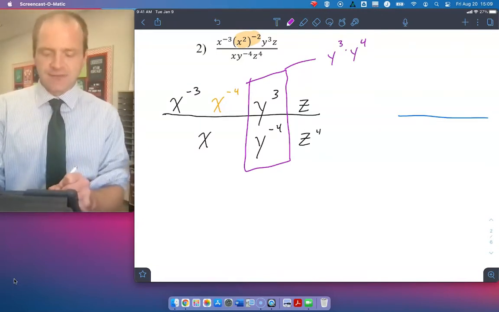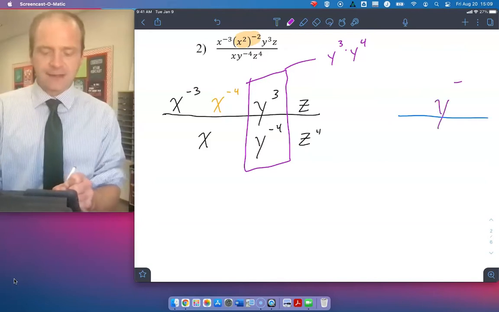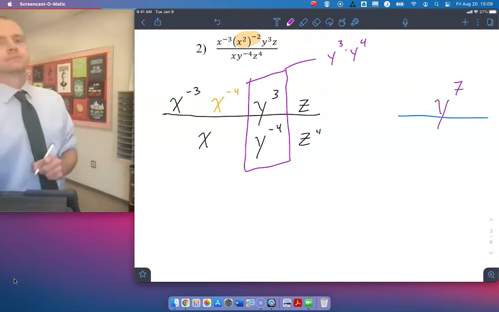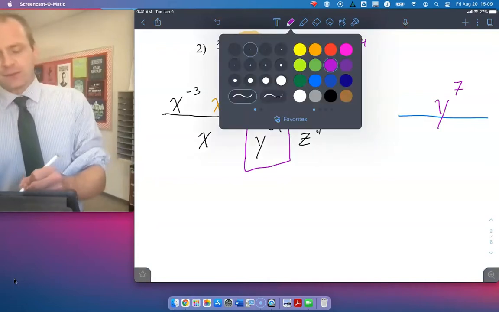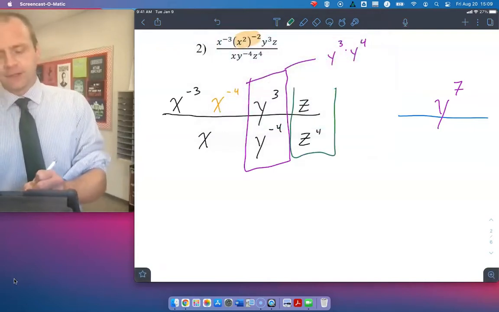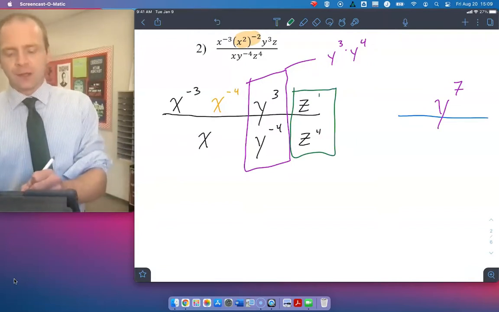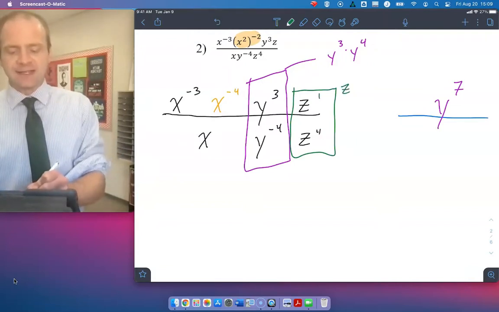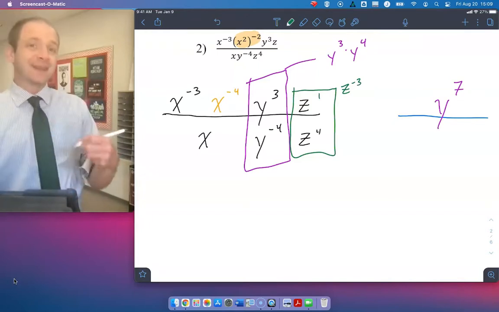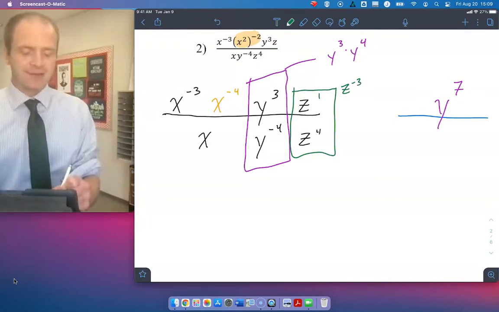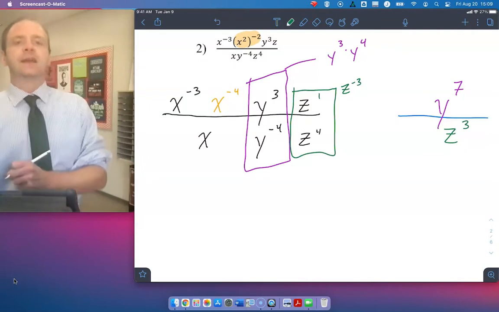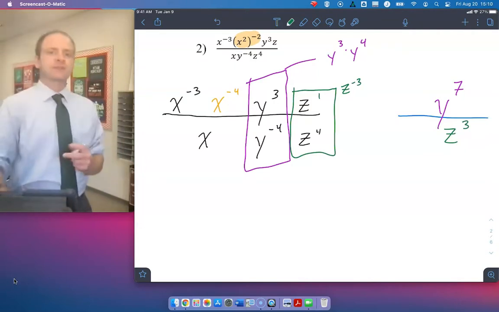And so this becomes a y to the 7th on the top. What about this one? Well, when I subtract, because I'm doing quotient rule, 1 minus 4 is z to the negative 3rd. Well, that negative means it's on the wrong side of the fraction, so I have to put it down here and make it a positive. So those two are done.